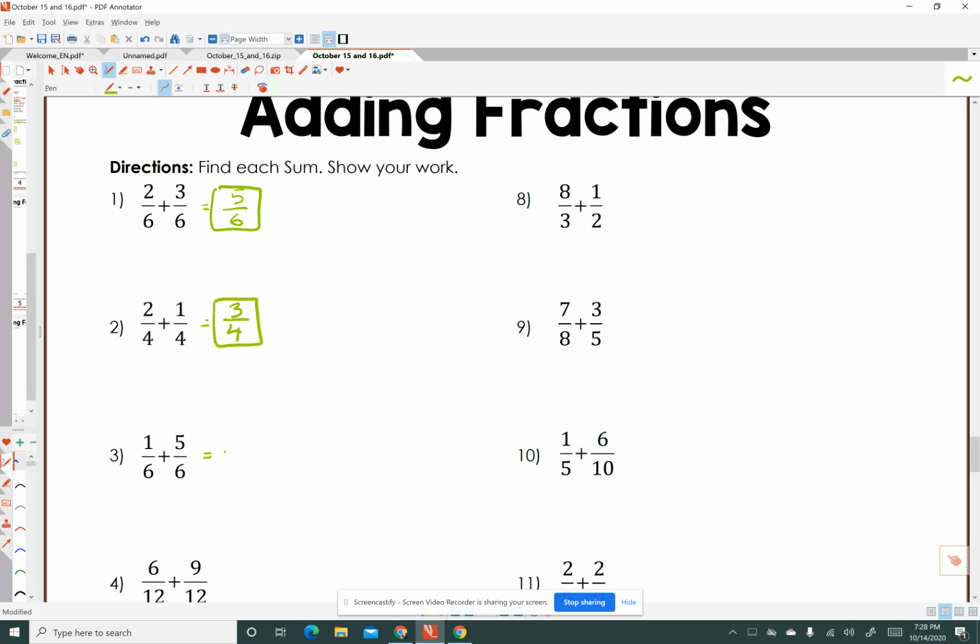The third one, 6/6, which equals 1. Fourth one is 15/12, which would equal 1 and 3/12, which can be further simplified because 3 is a factor of 12. So 1 and 1/4 is the final answer on that.